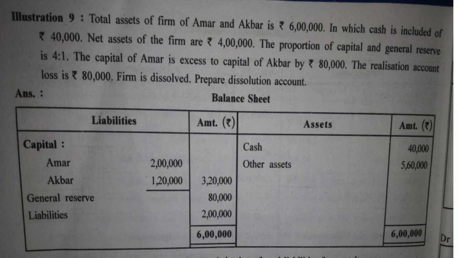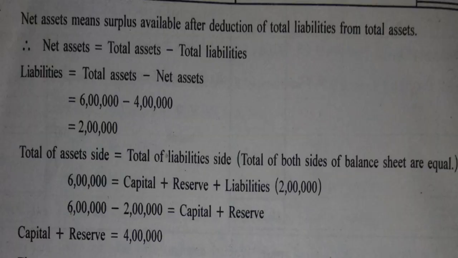So now talking about the remaining capital and general reserve, we have to find out the amount for that. So let us understand that first. Total of the asset side equals total of the liabilities side. Obviously, the total of both sides of the balance sheet is always identical.